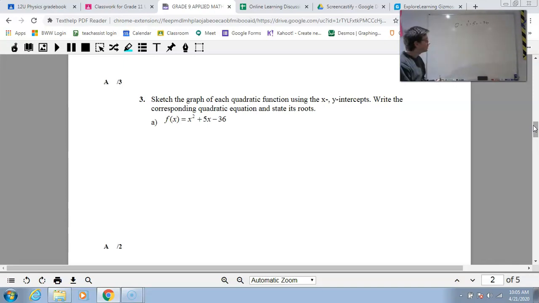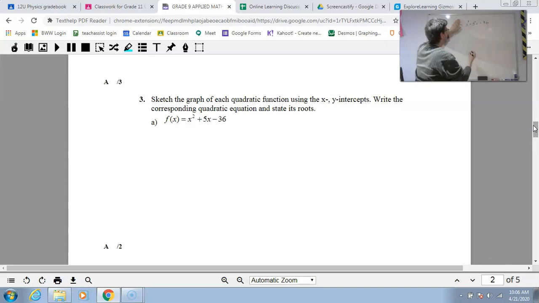Now if you want, you can try and factor it. You can use the quadratic equation, whatever is easiest for you, and that will give you your two roots, which are your x-intercepts. Your y-intercept is really easy to find in standard form, because you set x equal to 0. So if this was y, you set x equal to 0, your y-intercept is minus 36.